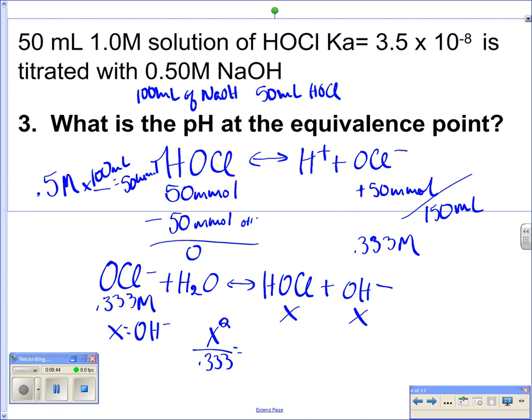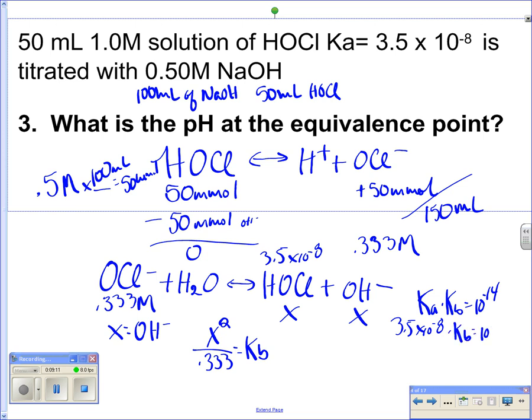And so I need a Kb. Well, I know the Ka of this guy is 3.5 times 10 to the minus 8. And so we have a little formula that helps us figure this out. Ka times Kb is equal to 10 to the negative 14. So I know that Ka is 3.5 times 10 to the minus 8, and so what is my Kb?